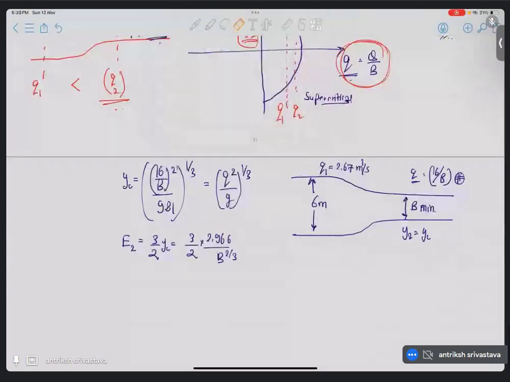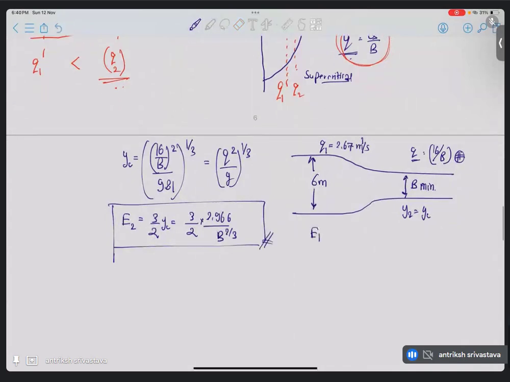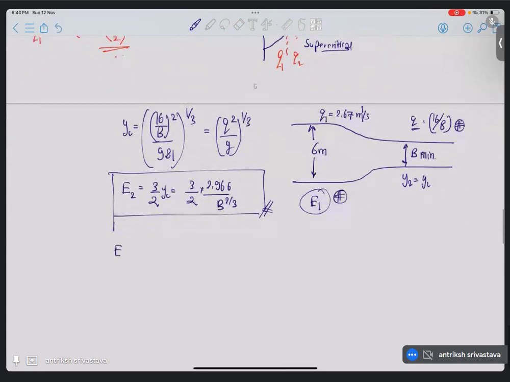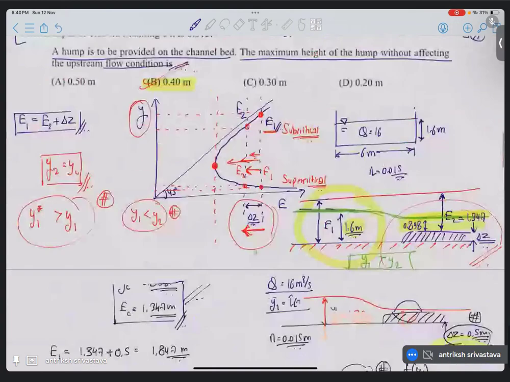Now, what else do we know? We know that at B minimum, E1 is not affected. So can we calculate E1? Let's calculate our E1. It is nothing but Y1, that is 1.6, plus V1 square by 2G. So this is actually going to be the same as the one which we calculated in the first question.